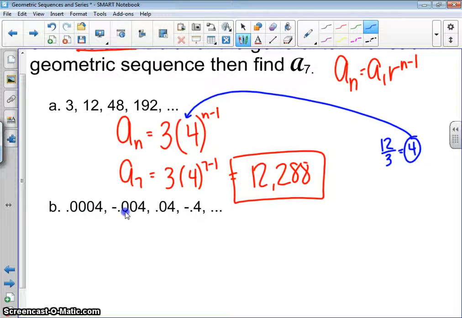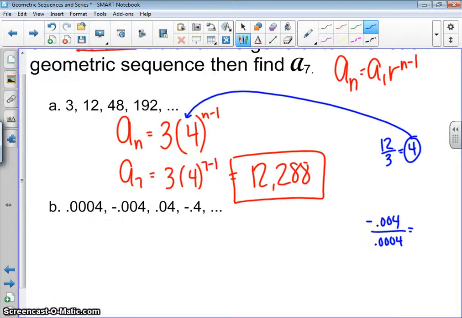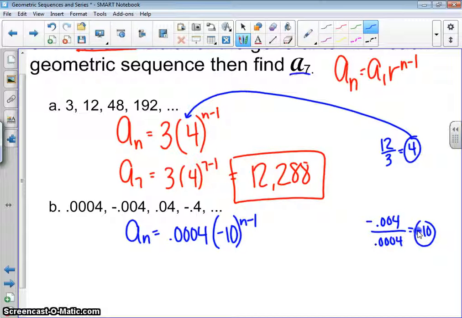But this, what I would do is the same thing: take the 2nd term, -0.004, and divide it by the 1st, and when you do that, it'll give you R. So -0.004 divided by 0.0004, that should give me -10. So -10 is R. And so when I write my formula, AN is going to be 0.0004 times -10 to the N minus 1, and I'm trying to find A7.